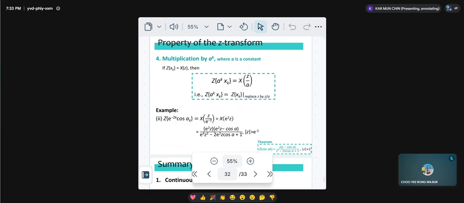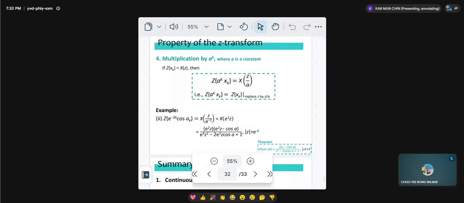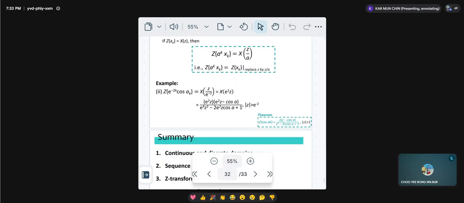Then you look at the final example of the day. Similar questions, but in this case it will be another term. So we look at this example: exponential to the power of 2k.